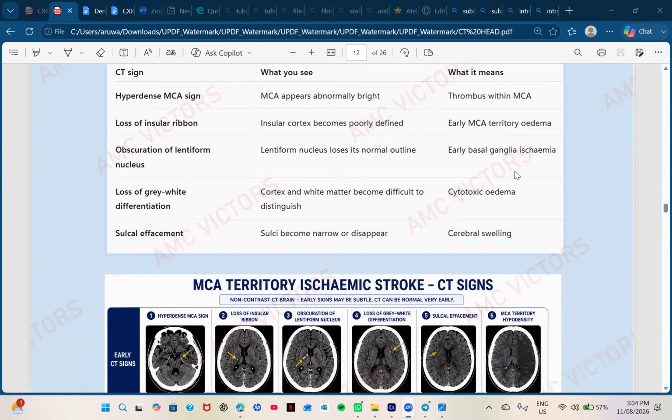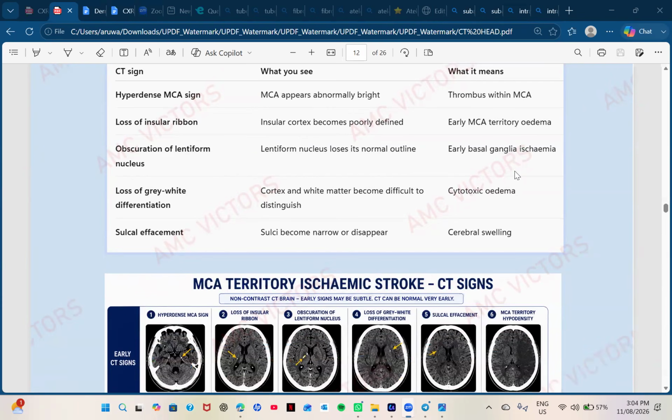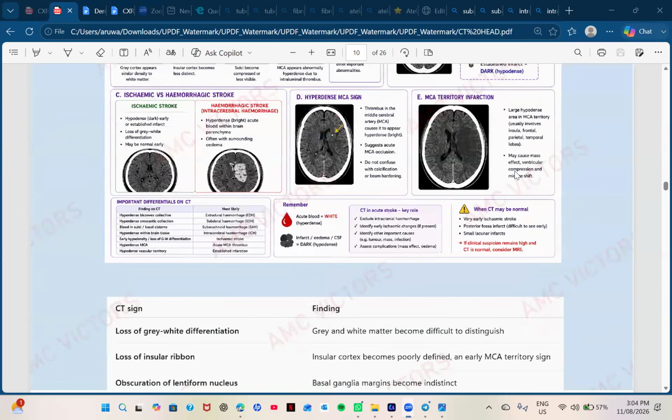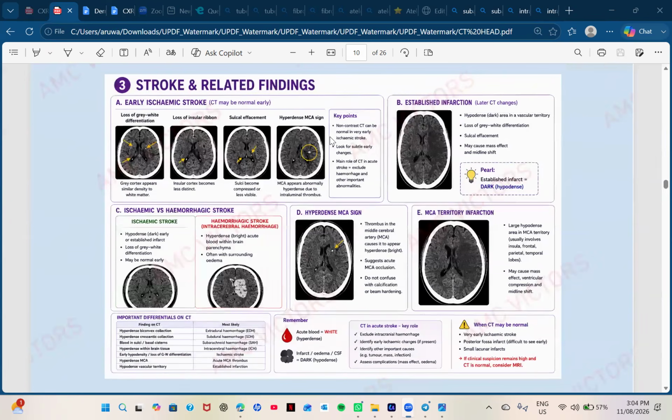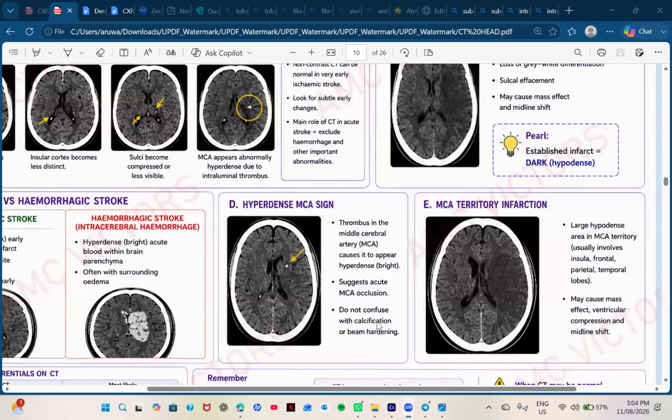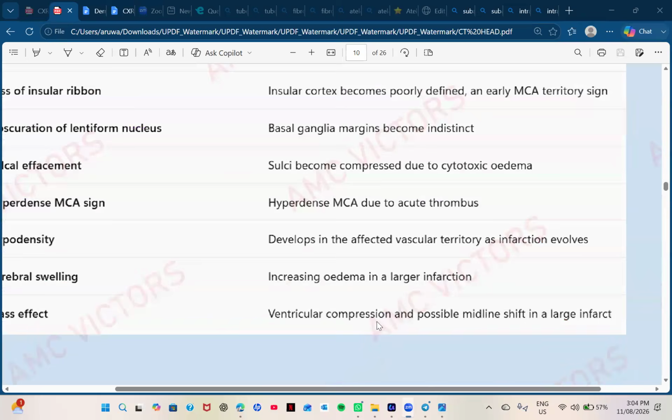It looks very bright because there's a blood clot in there. I think there's a picture, but it's not very clear. A thrombus in the middle cerebral artery causes it to appear hyperdense, bright, which suggests acute MCA occlusion. So that is one thing.